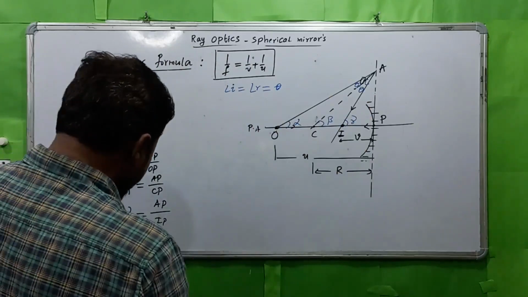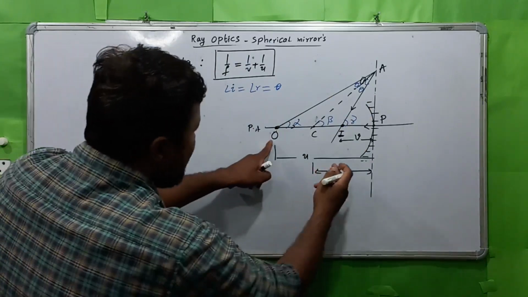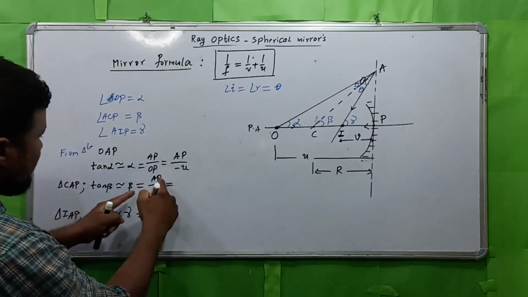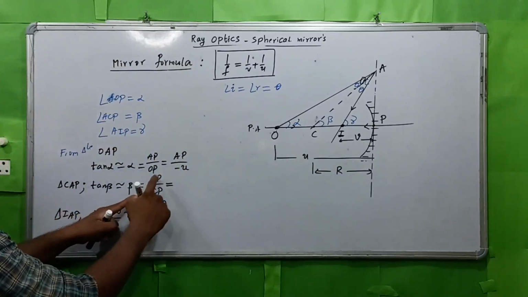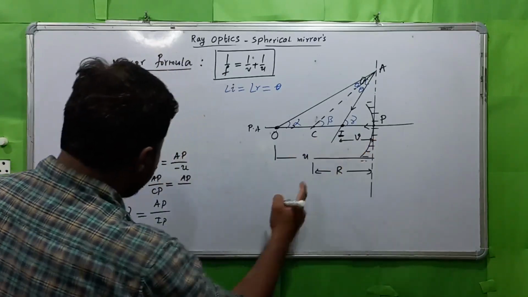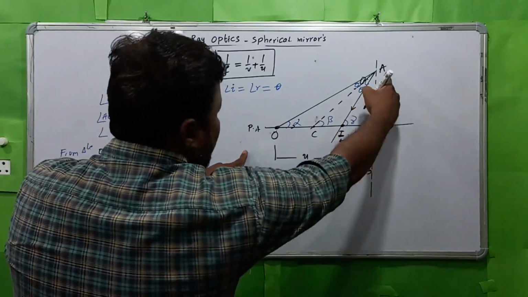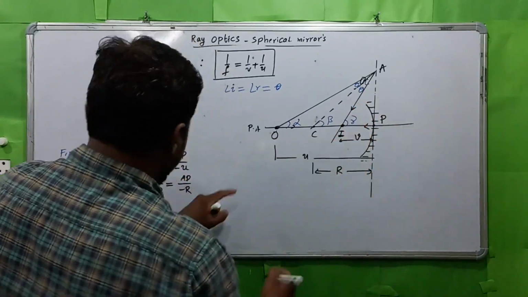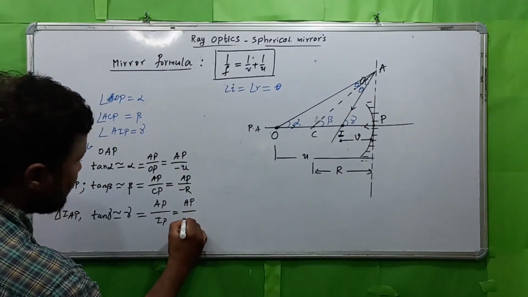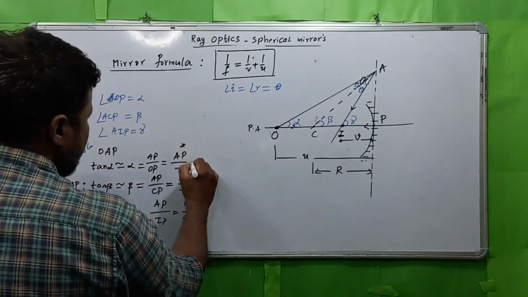So if I apply the sign convention, AP by OP, OP is u, so we will get minus u. AP by CP is the radius of curvature R, that is also minus R, and AP by IP, AP divided by IP, that is image distance, minus v will come. Now please remember this result.